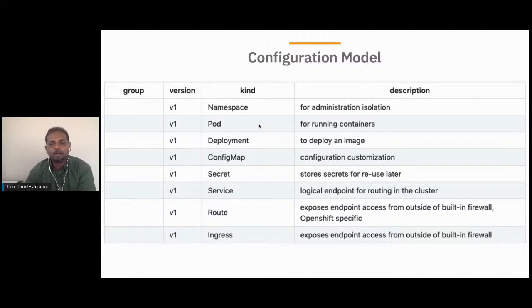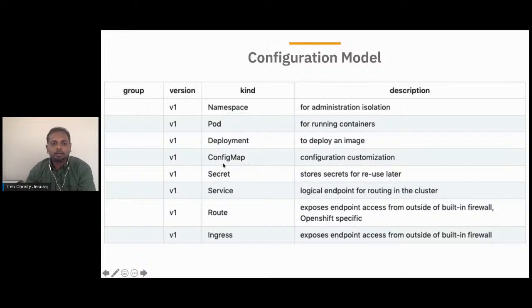Otherwise, you should always deploy one container per pod. The pod itself is not something that you will create directly. You can, but you shouldn't. You should use the deployment to define it. That allows you to easily scale up and down, right?